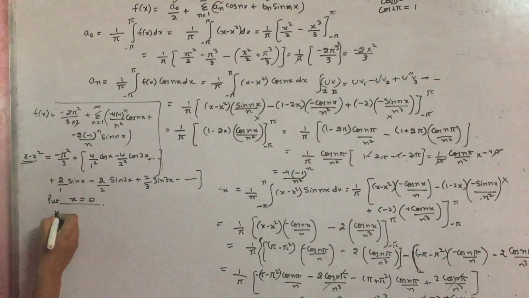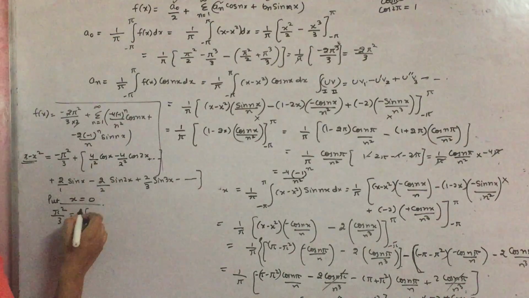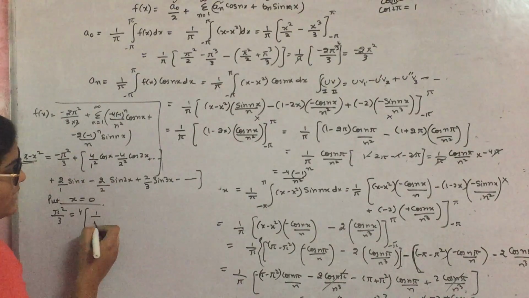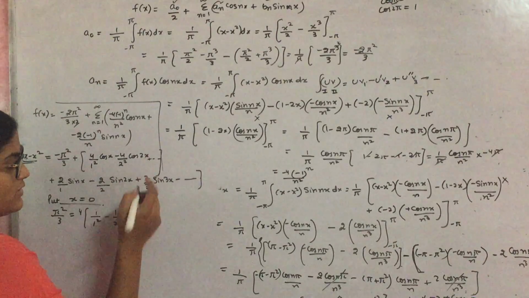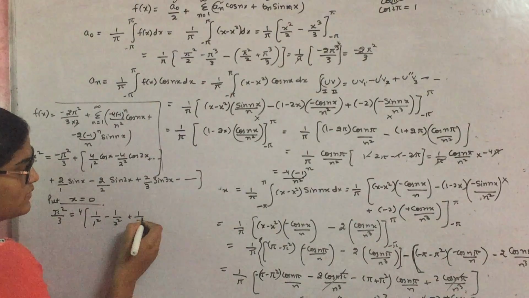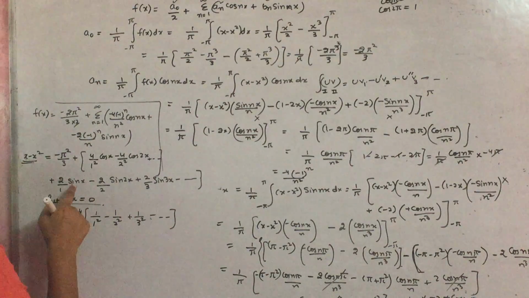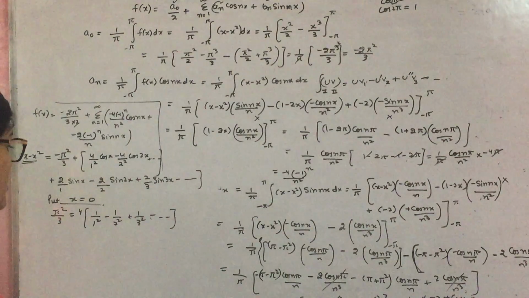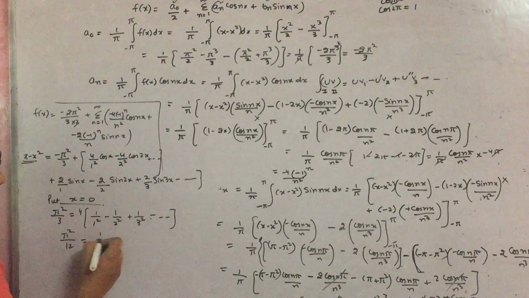This comes on the left side, pi square by 3. 4 you can take as common. 1 by 1 square, cos 0 is 1. 1 by 2 square, cos 0 is 1. 1 by 3 square, and so on. Then minus happens. And here, as we very well know, sin 0 is 0. So in this way, you have proved it.